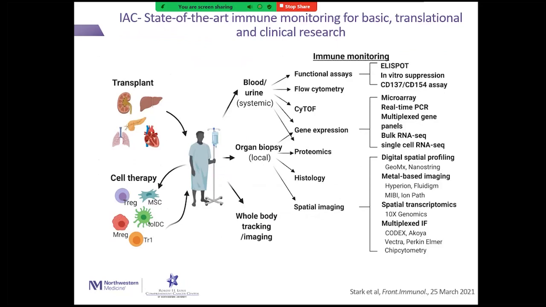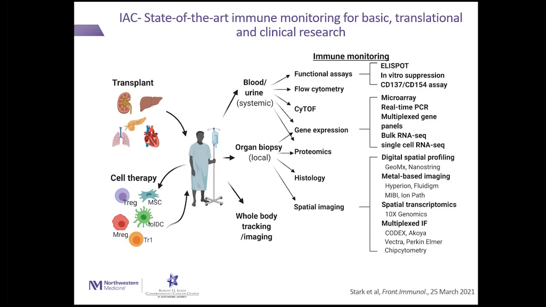So to go further, let me tell you about immune monitoring. What is it? In a broad sense, you can understand immune monitoring as a method to quantify the magnitude of immune responses after treatment or during the diagnosis of a disease.